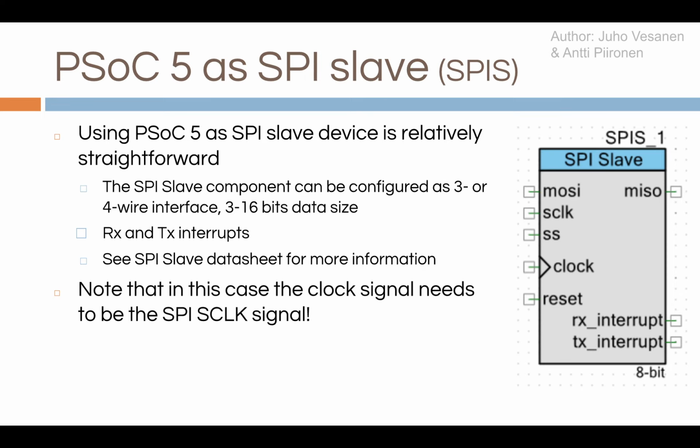Okay, then about PSoC5 as an SPI slave. Relatively straightforward. That's just an example. You can also use the SPI bus and run PSoC5 there as a slave. Just an idea for the project.